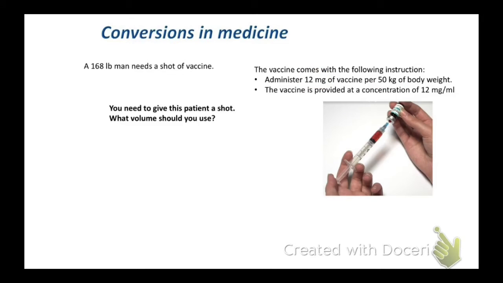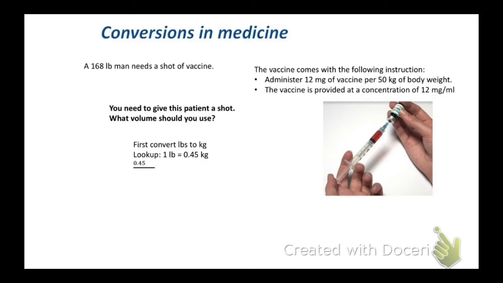Now the question is, if you need to give this patient a shot, what volume should you use of that vaccine? The first thing we need to do is convert his weight into kilograms, because then your units will be compatible with the vaccine. So to convert, we're going to first look up in a table, and this is a constant. 1 pound is 0.45 kilograms.